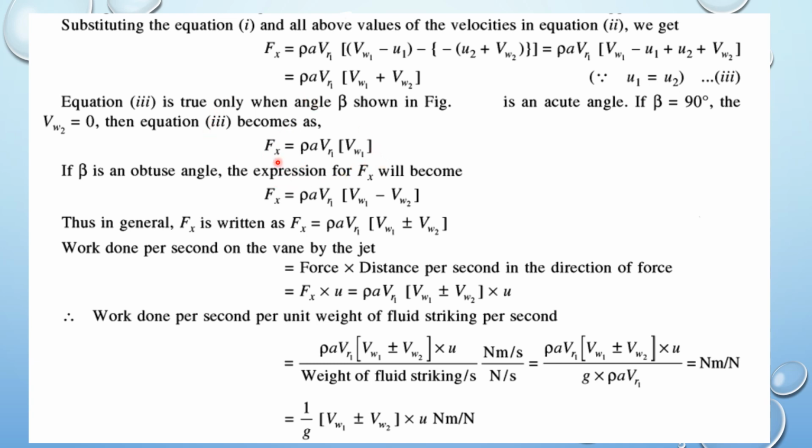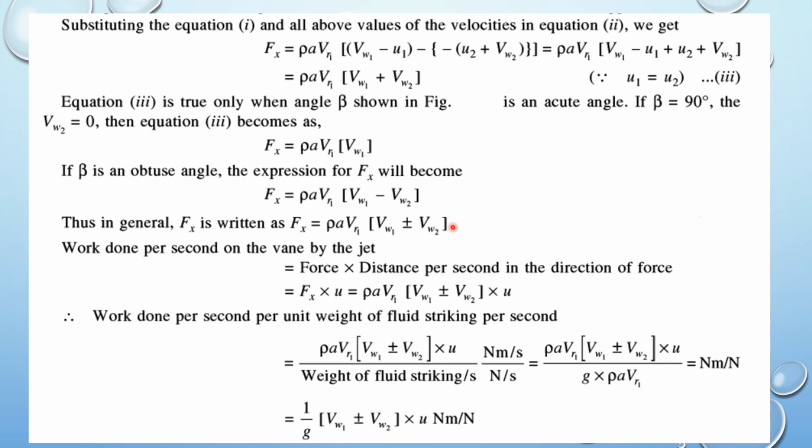So if beta is 90 degree, the expression changes like this because Vw2 becomes 0. And if beta is an obtuse angle, we will have a negative sign in this expression, and that is written here. So as a general equation, we can write Fx is equal to rho A Vr1 into Vw1 plus or minus Vw2 as a general expression.